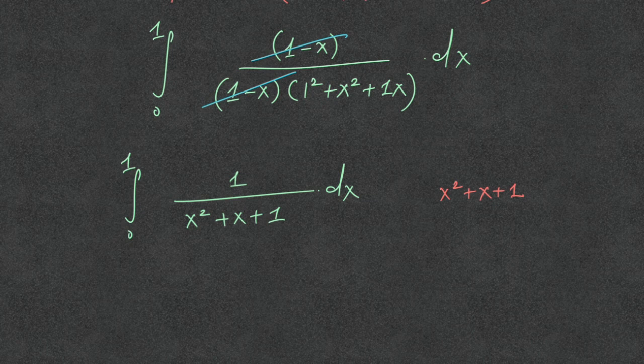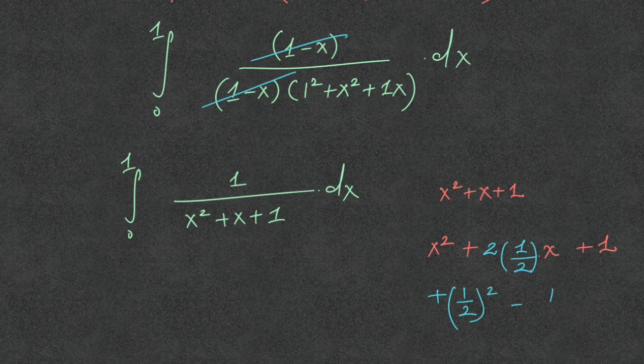Make a perfect square of this expression now. So we write x square as it is, plus we multiply x by 2 and divide by 2, and 1 as it is. Now this 1 by 2 is giving us a hint that we should add and subtract the square of it.